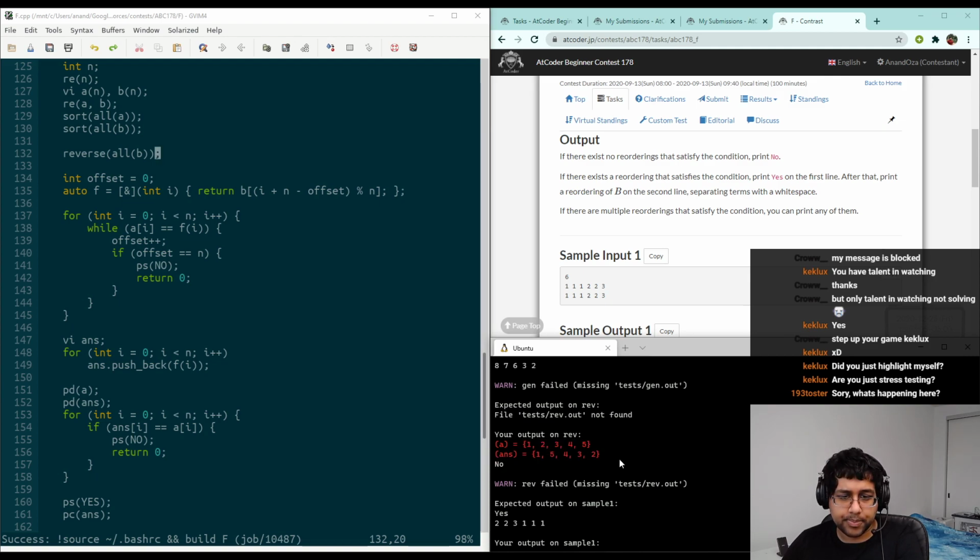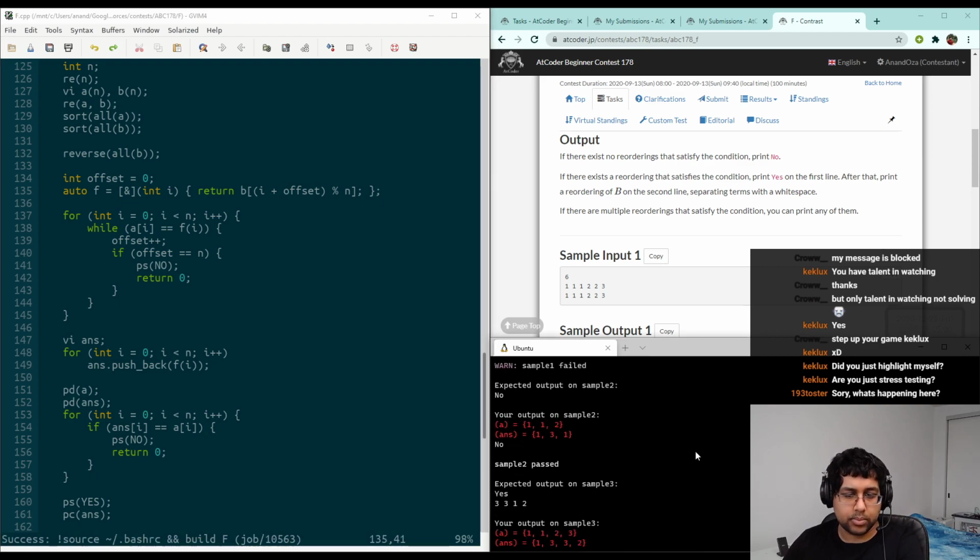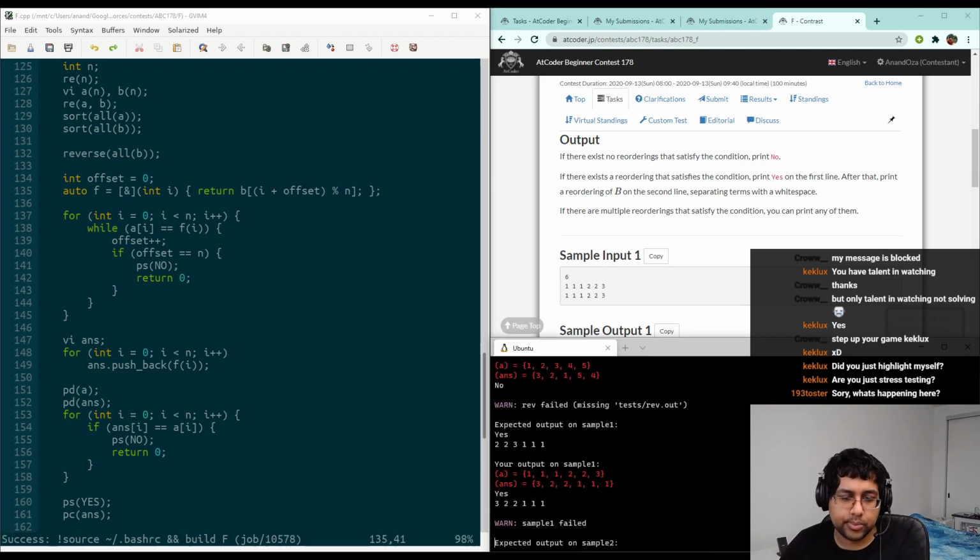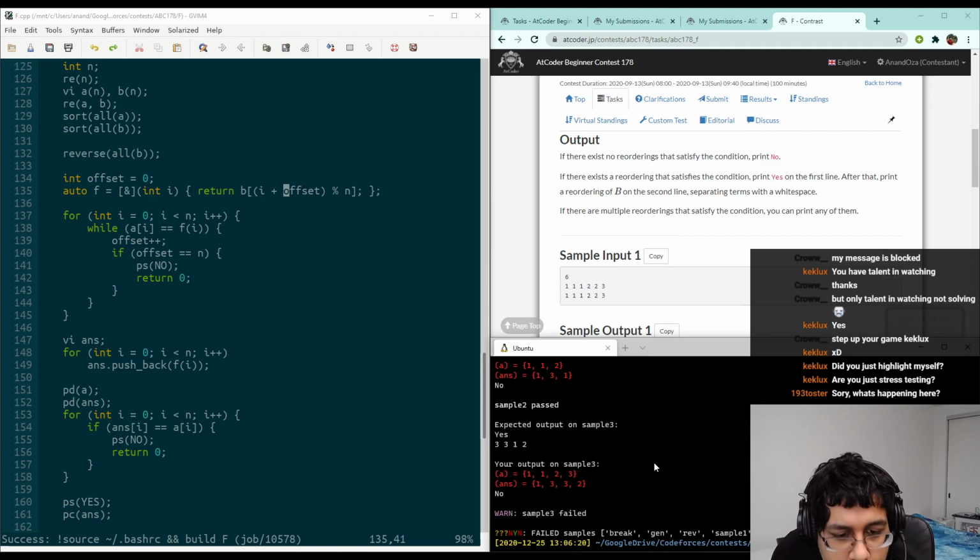No, that's not what we want. So the reversal idea is okay as long as you don't have some of the same elements in the middle.